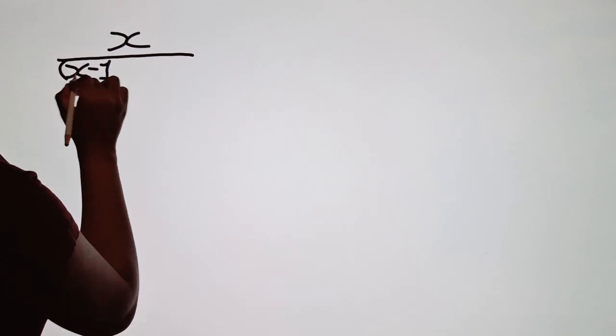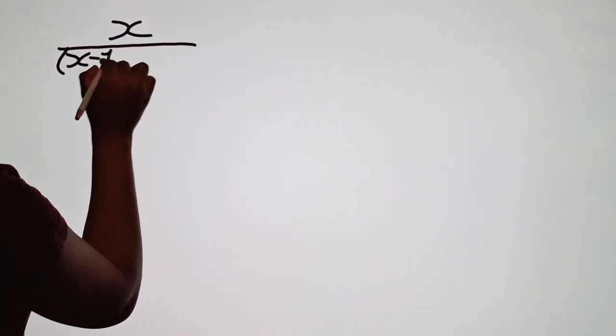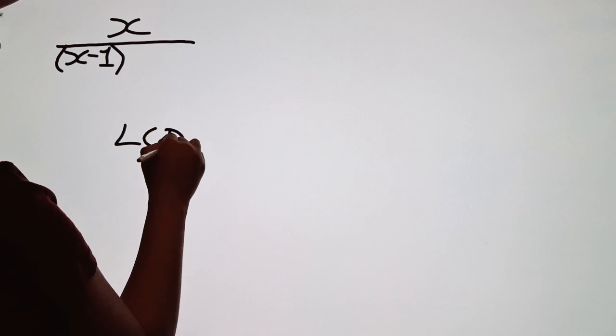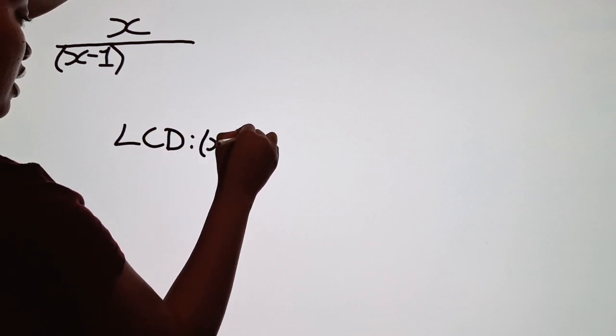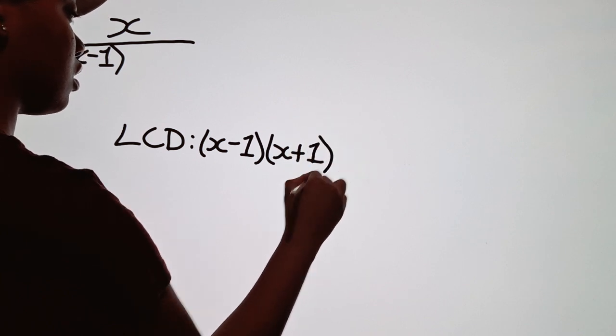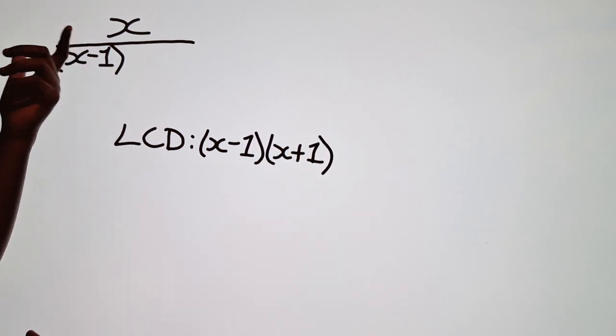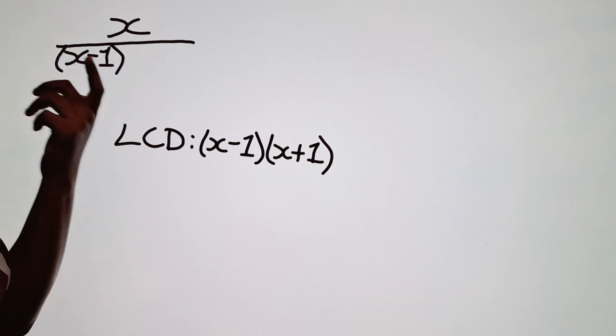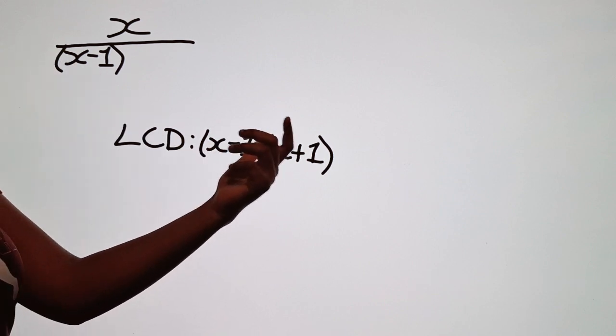This one is lacking something in the denominator. It has x minus 1, but it's lacking something that is in the LCD. Remember, our LCD is x minus 1, x plus 1, right? So this one only has x minus 1, whilst our LCD has x minus 1 and x plus 1.